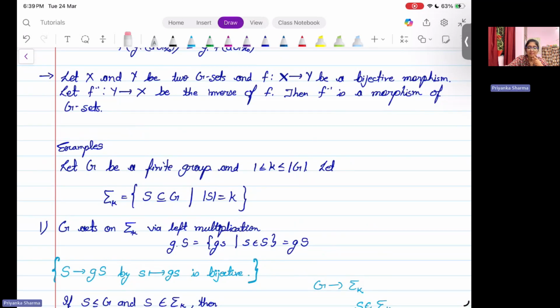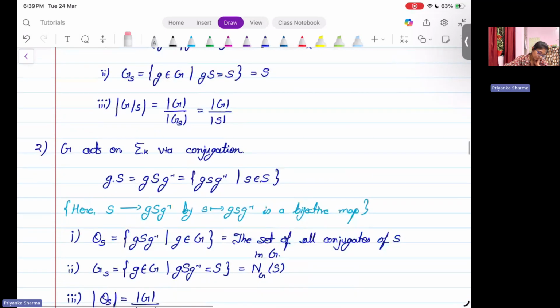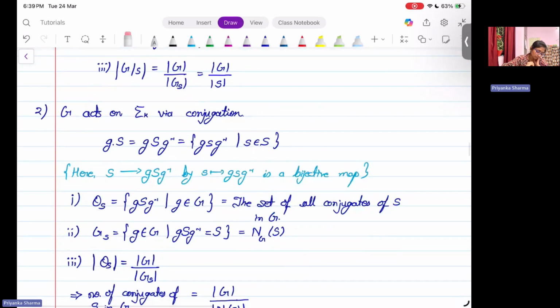Now, in the first example, we chose the left multiplication as the group action. Now, in the second example, we are changing the group action to conjugation.